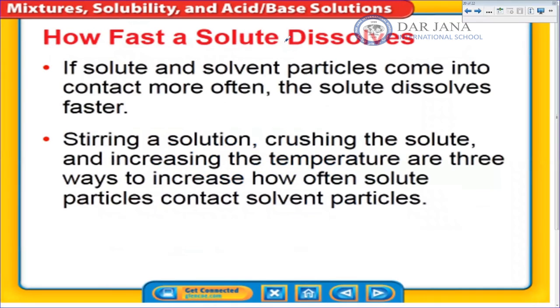Finally, how fast a solute can dissolve. To make a solute dissolve faster, we can use different methods. Mainly, when you bring the particles of the solute more in touch with the particles of the solvent, they dissolve faster.